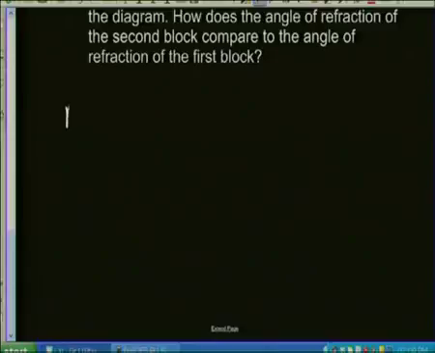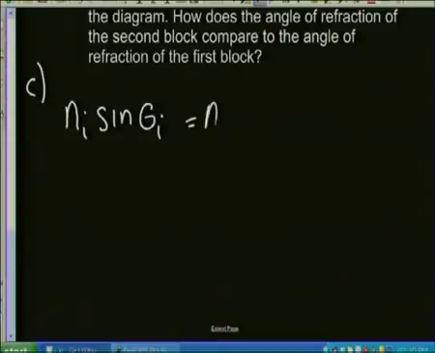We recognize that we've got N1 times sine theta i, this is for part c, is equal to N2, the second material, times sine theta r.